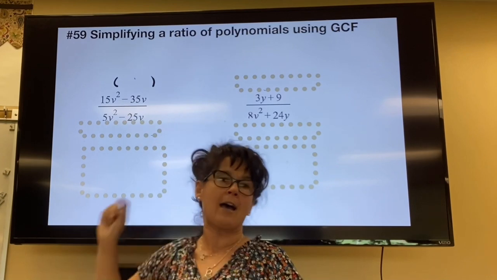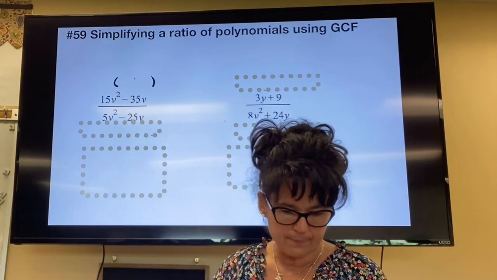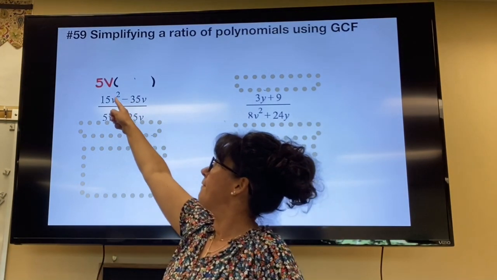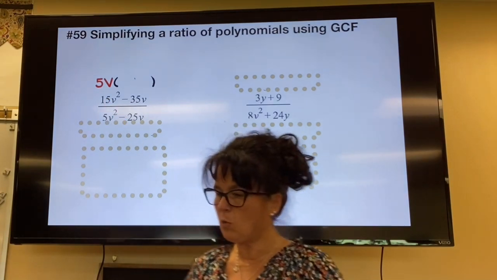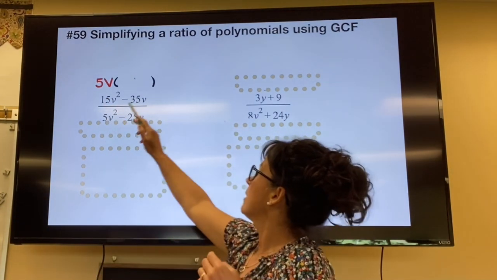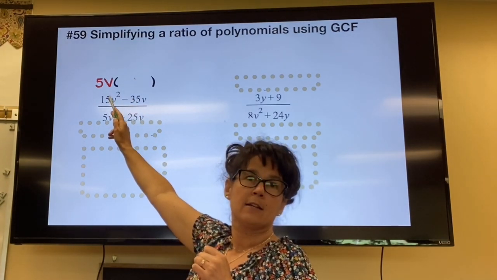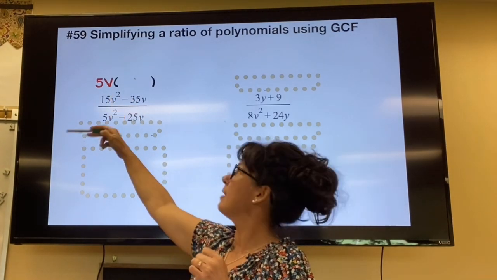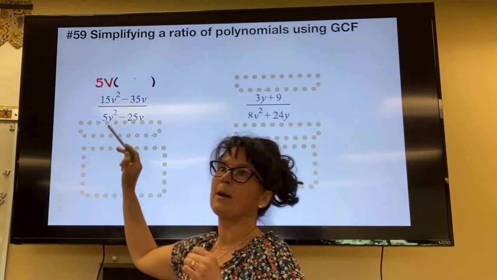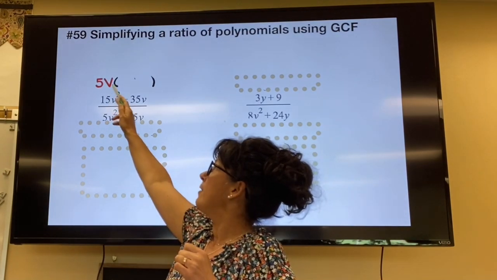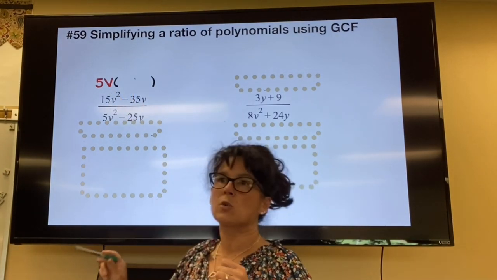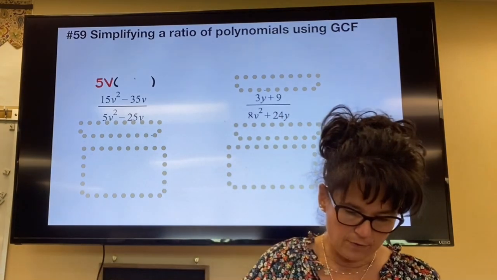So they both have a single v in common. So I'm going to take a 5v out, and then what's left over there, 5 times what gets me back to 15? That's going to be a 3. Another way to think of it is 15 divided by 5 is 3. And then v times what is going to get me v squared, and that would be another v.